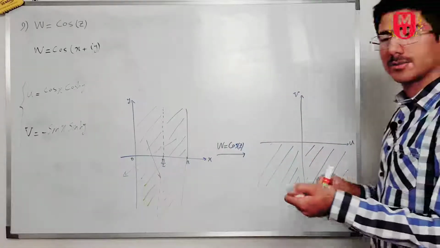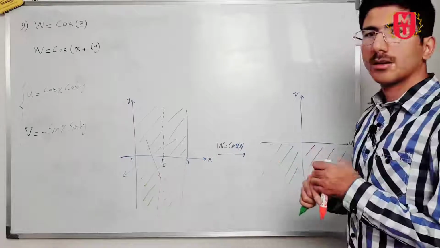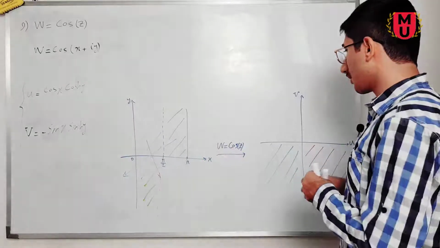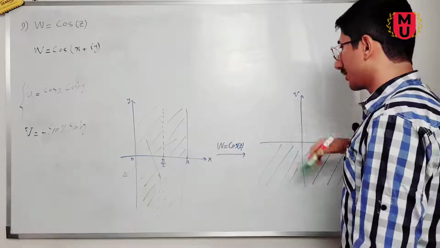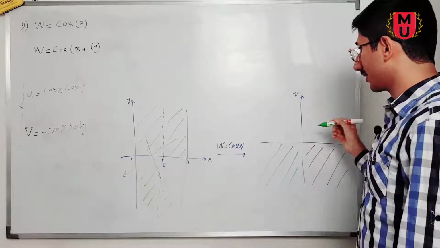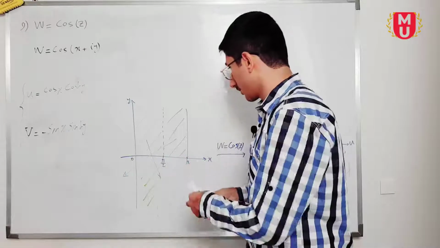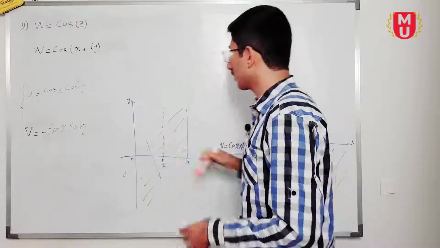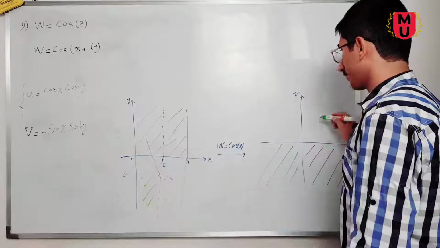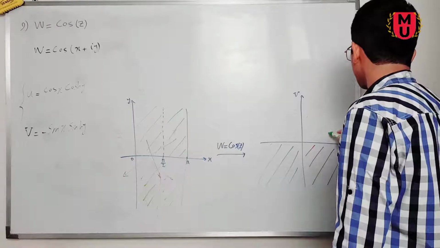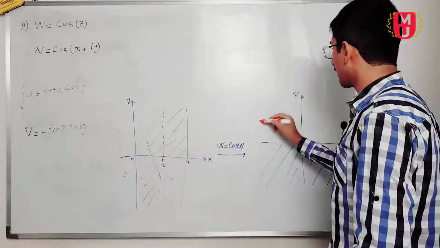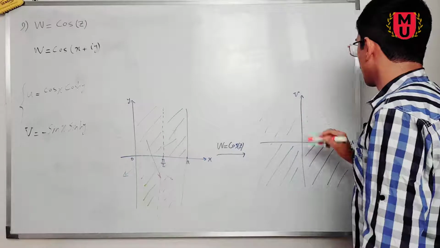What is the output? If you want to think, pause this video and think. It's a cross expansion, okay? This region will move here, and this will move here. This is the new green region and the orange region.